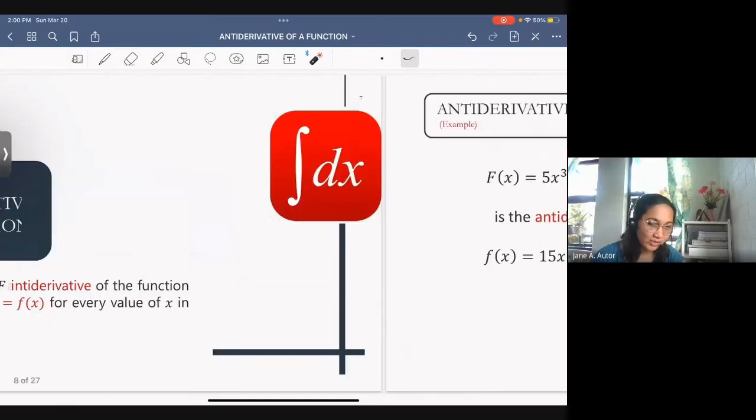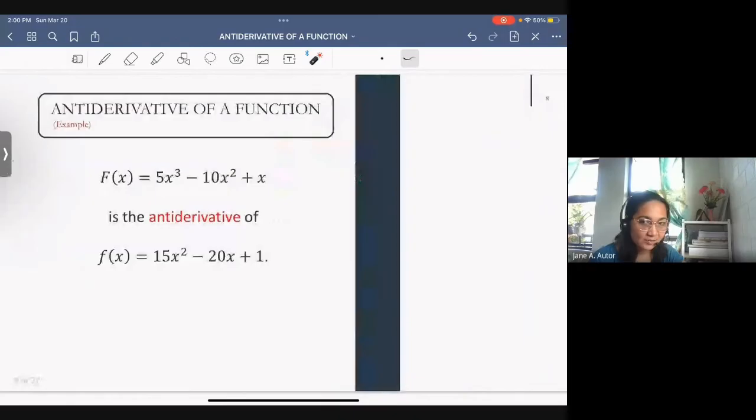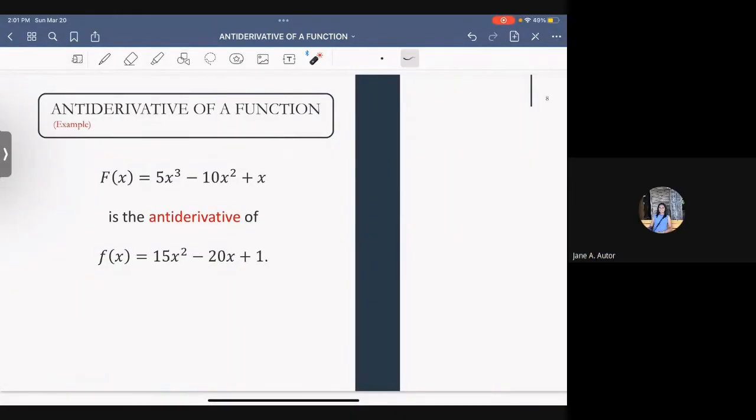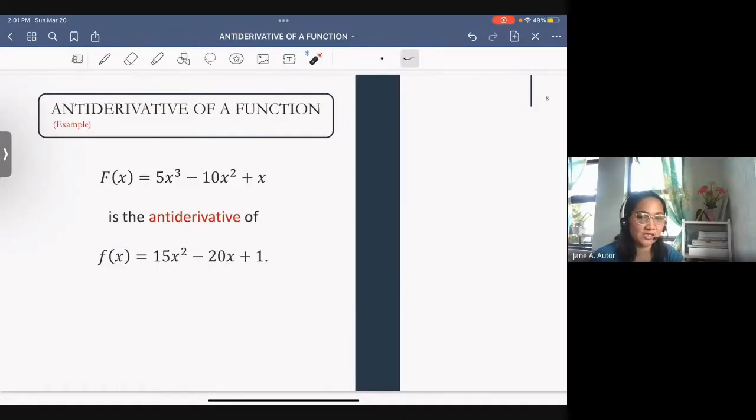Let us go back to the previous example earlier. We have the uppercase f of x is equal to 5x cubed minus 10x squared plus x. And we say that its derivative is small case f of x equals 15x squared minus 20x plus 1.